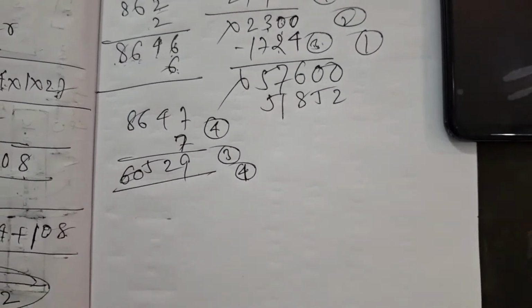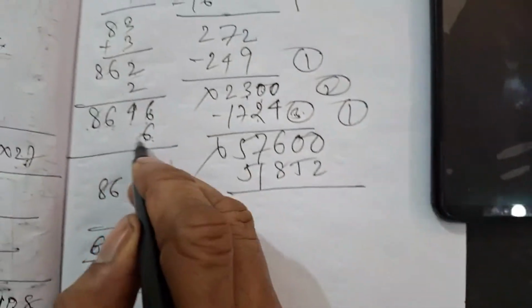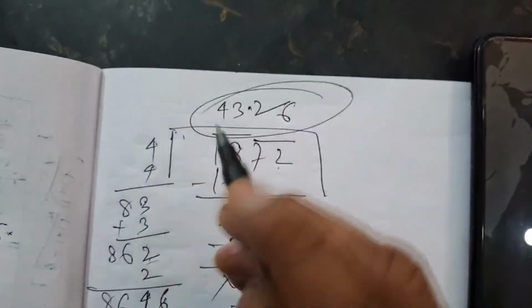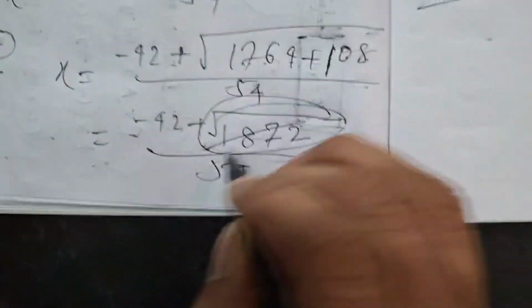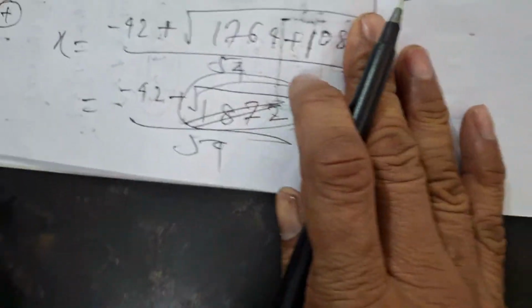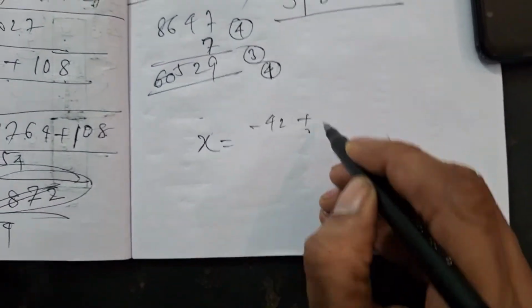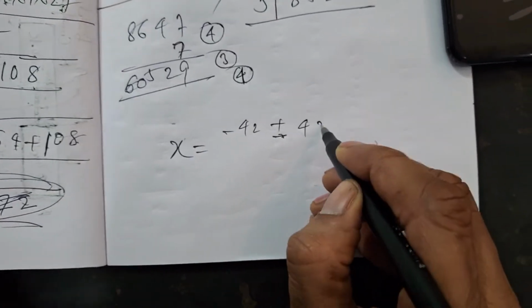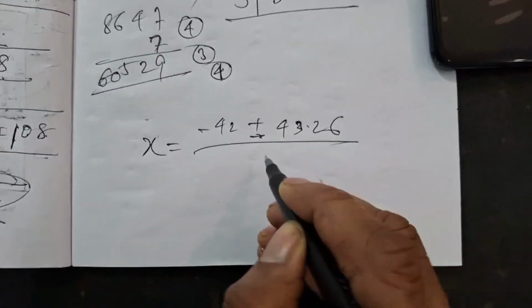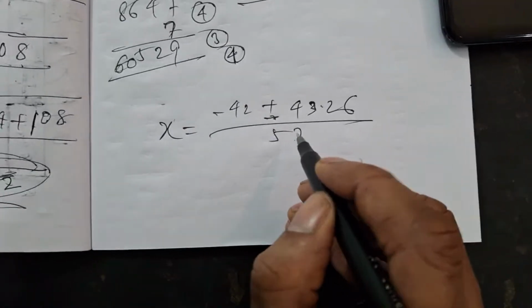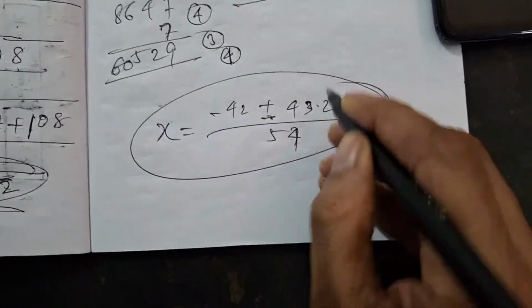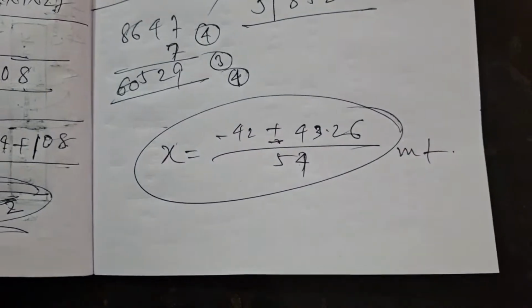You will get 60,000. So 6 times is the right one. Okay, approximately this one. So you know the value of this: 43.26 came. The x, you know, is minus 42 plus 43.26 divided by 54. Now we could solve. This is in meter. Easy category questions.